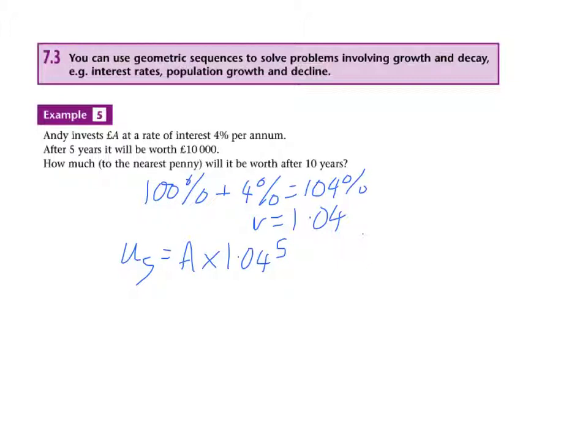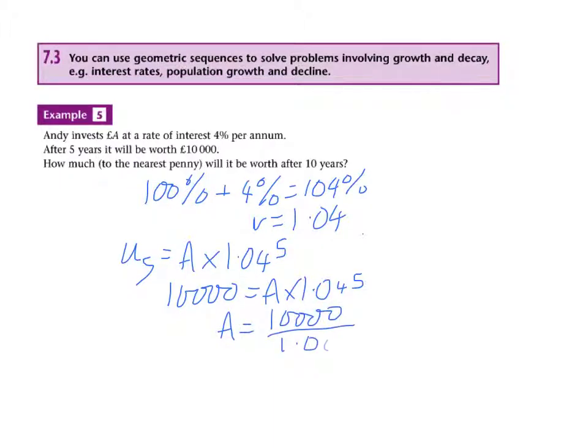So in fact, what we have here is 10,000 equals a times 1.04 to the 5, which we can rearrange to give a equals 10,000 divided by 1.04 to the power 5, which if we calculate that, we get £8,219, and remember we're rounding to the nearest penny, so it will be 27 pence.